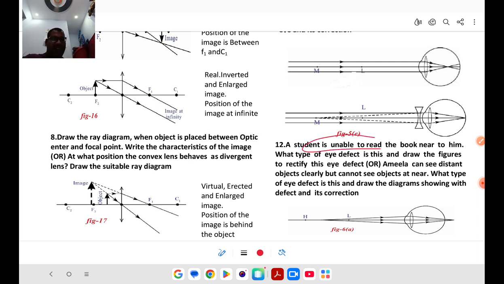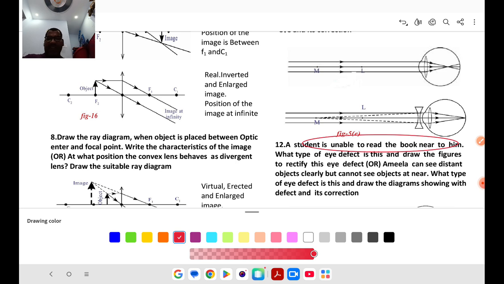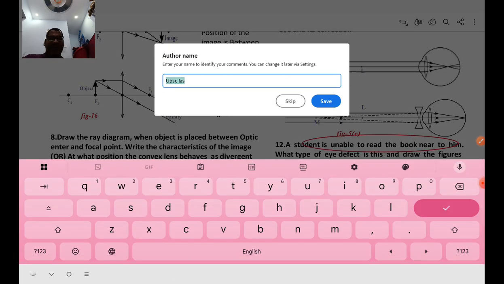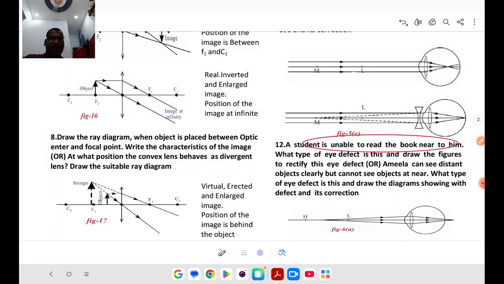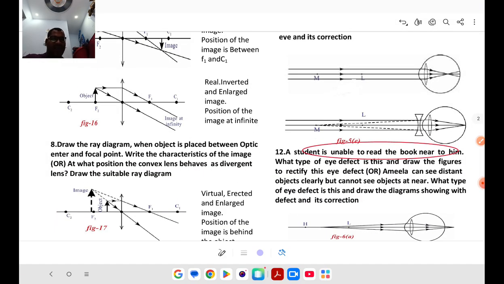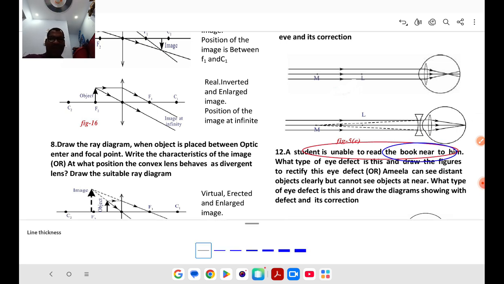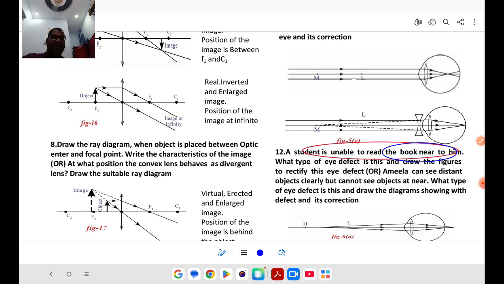A student is unable to read the book near to him. The person is unable to read the book near to him. But he can still see far objects. Near objects he cannot see clearly.